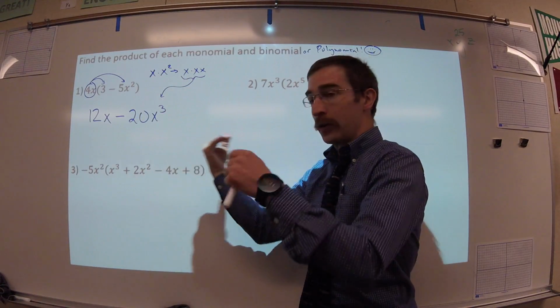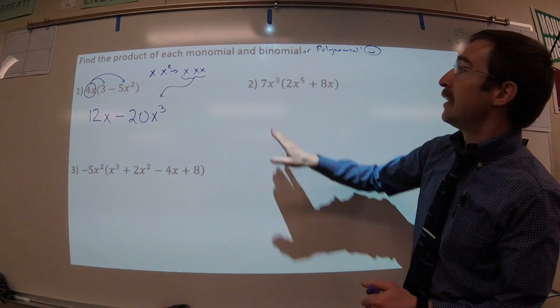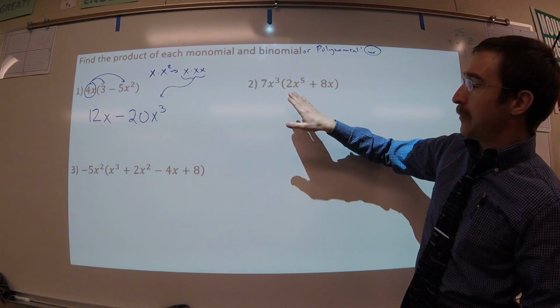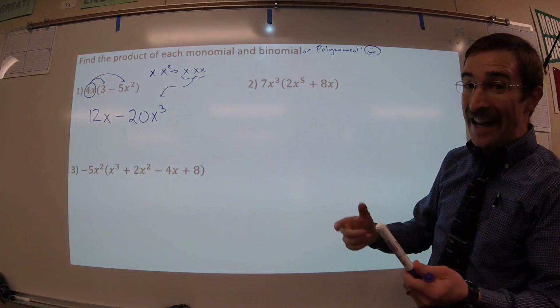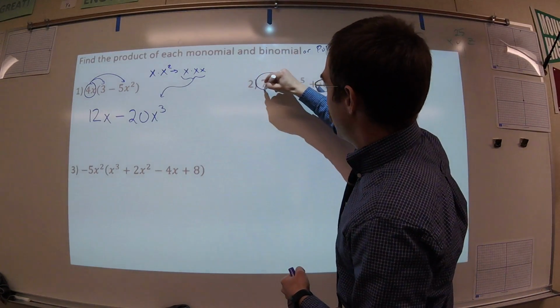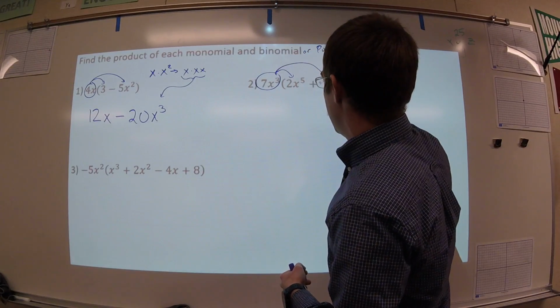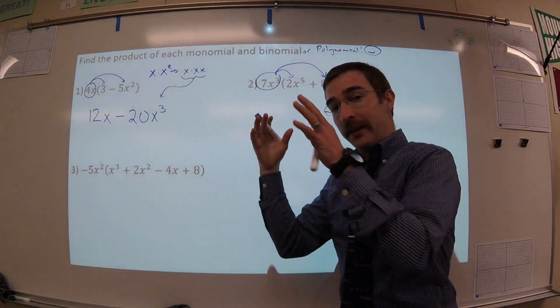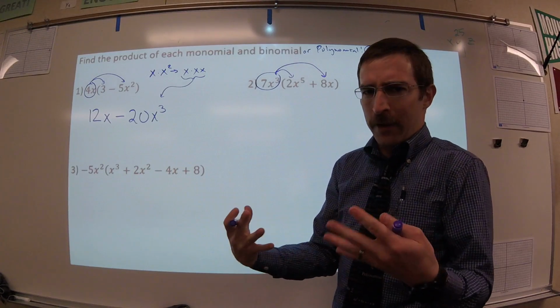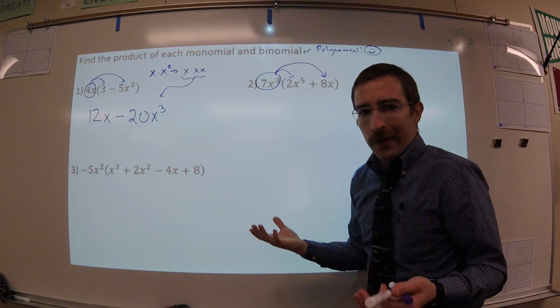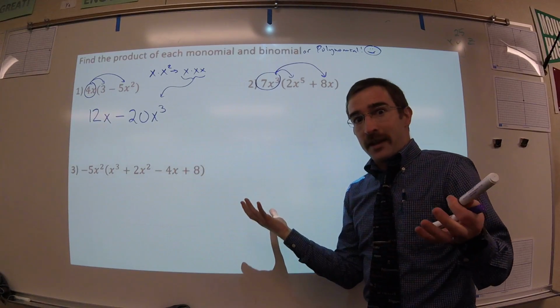Okay, so we're going to do another example right here. Here we have 7x to the third times a binomial, that's monomial, binomial, 2x to the fifth plus 8x. So we're going to take this 7x to the third, we're going to distribute it. We're going to multiply number times number and combine the variables. Still multiplying, but just combine them, because we don't know what x times x really is, just x squared.